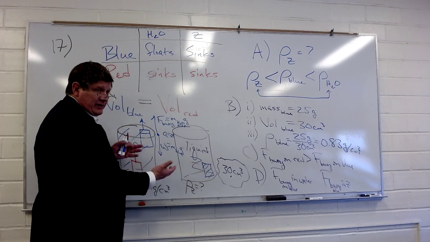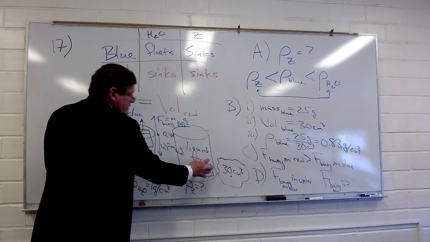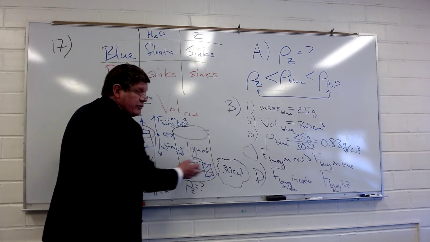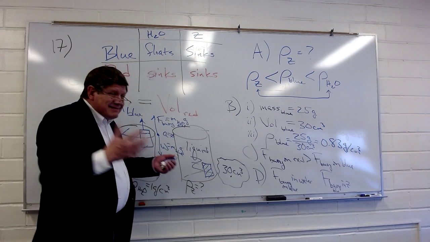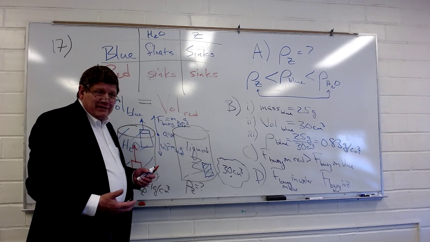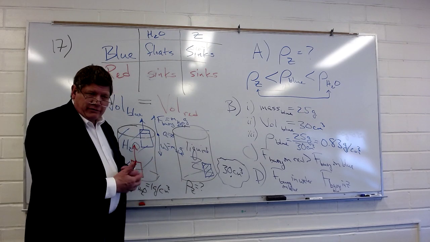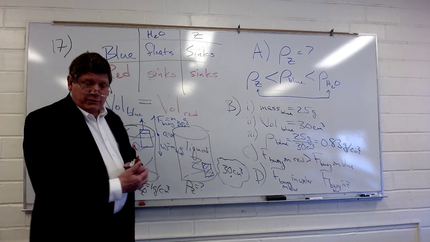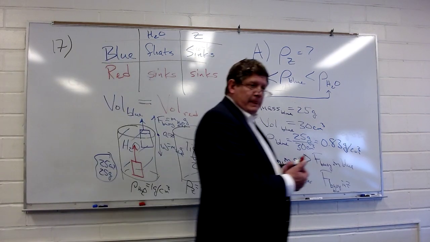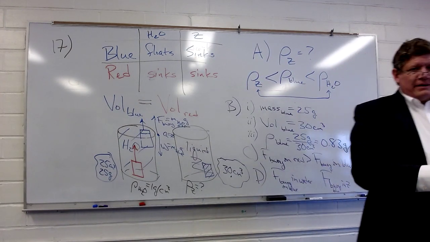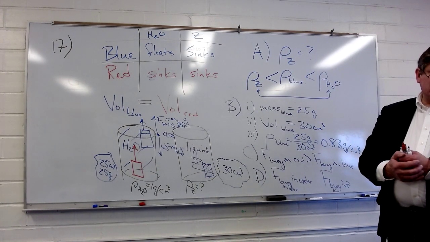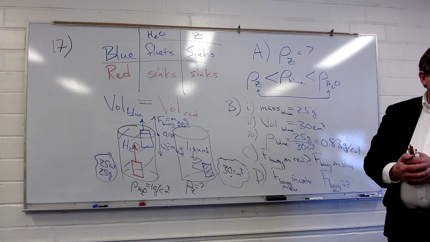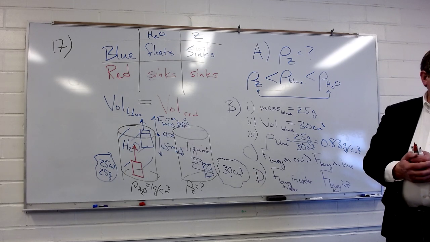The liquids are different. So even though it's displacing a bigger volume of liquid Z, it's not the volume that matters, it's the weight of the fluid displaced. And we've got a different density for liquid Z than we do of water. So we can't just say, oh, it's displacing more cc's, so it has a bigger buoyant force.